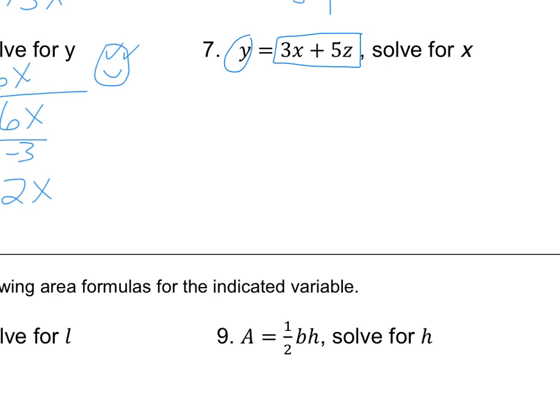So I'm going to put everything that's on the right exactly as it is on the left. So 3x plus 5z equals, and then everything that's on the left exactly as it is on the right. All I'm doing is flipping it around so I don't have to do a bunch of negatives when I'm solving for x.